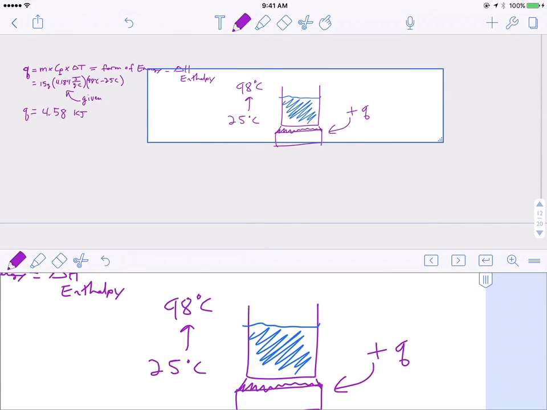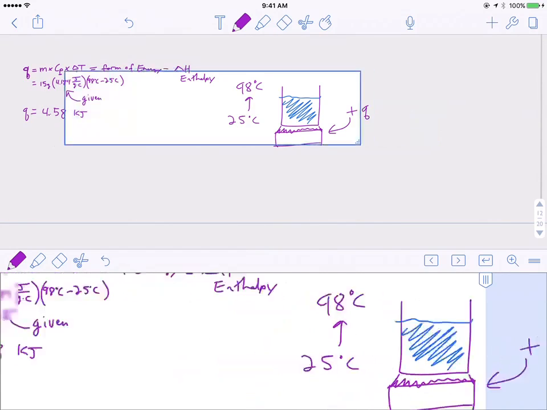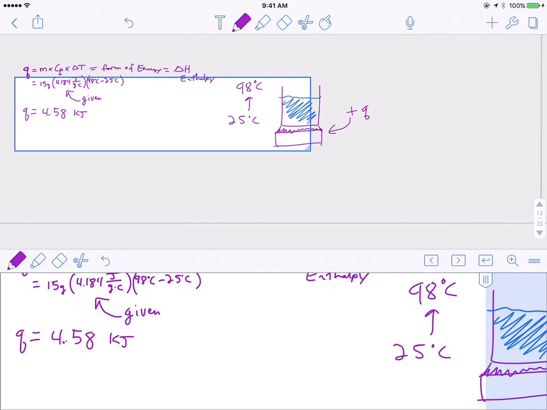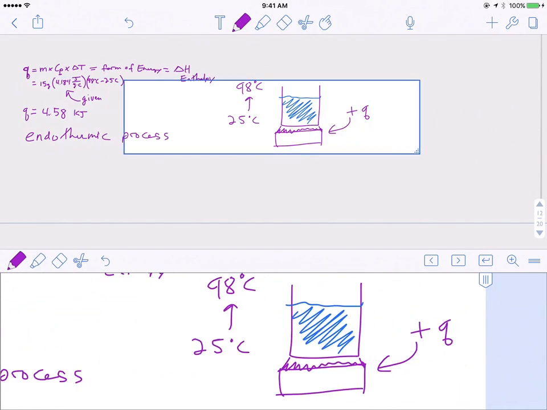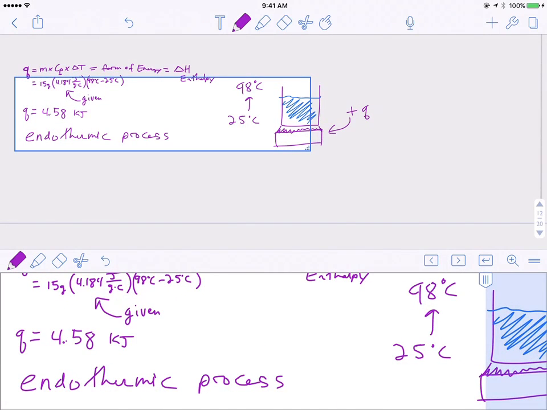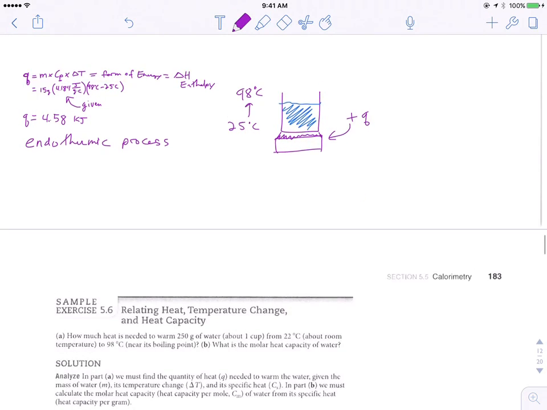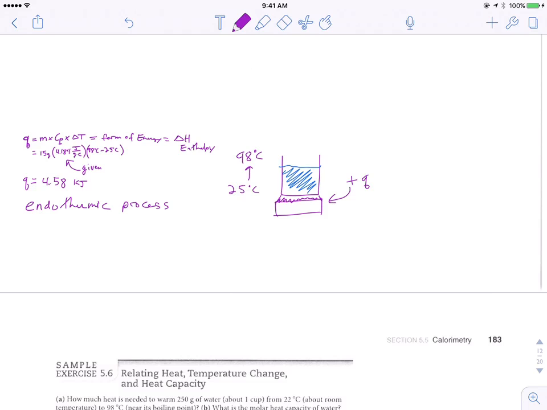Usually from the stove into the water, and I start boiling my water. Well, that added heat means this is an endothermic process. I added heat into the system, and it increased the temperature. How much energy did I add in? 4.58 kilojoules. So that's how that works. Definitely going to be on the quiz. Very, very important. If you have any questions, let me know in class. Thanks.